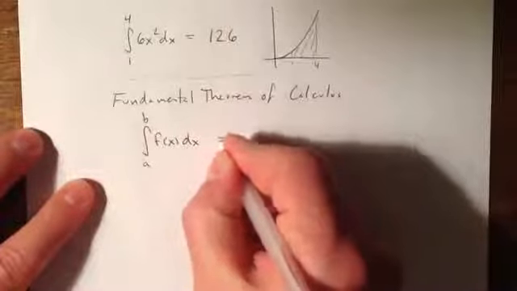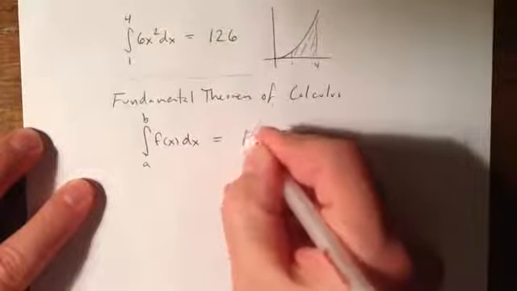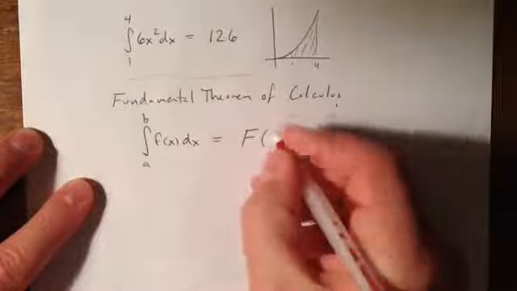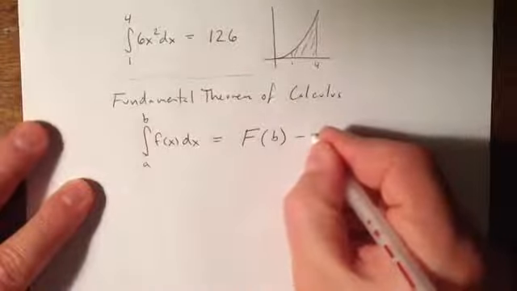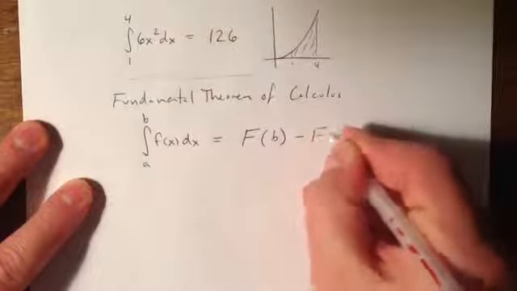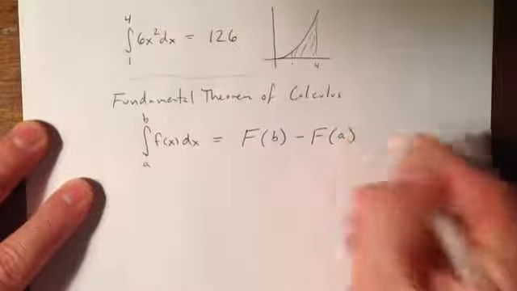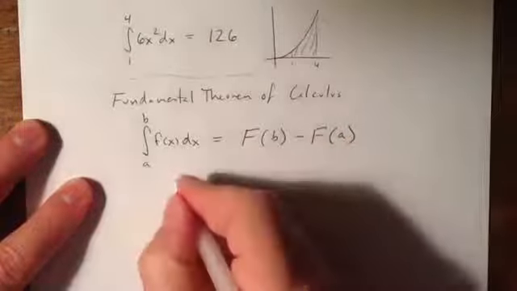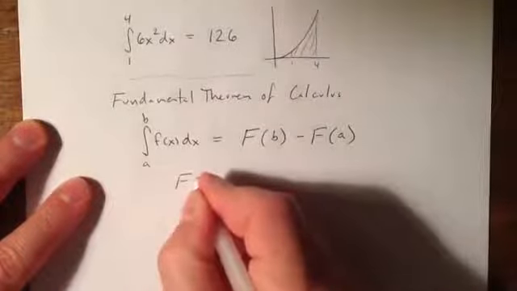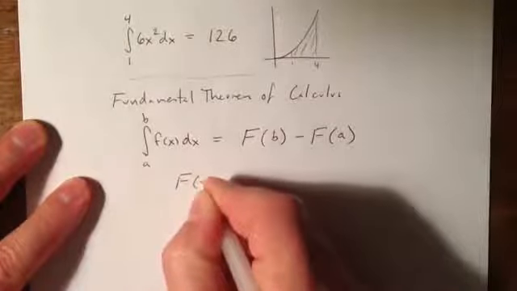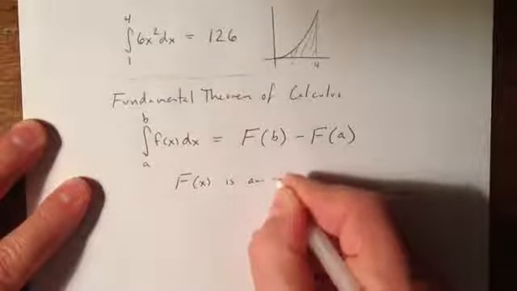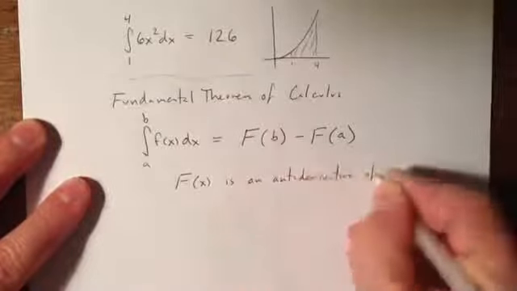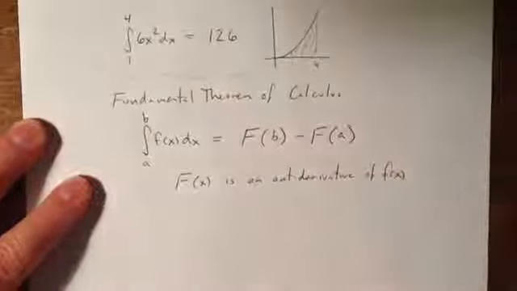Well, this equals the difference between a function I'm going to call capital F evaluated at b and capital F evaluated at a, where capital F of x is any antiderivative of f of x.